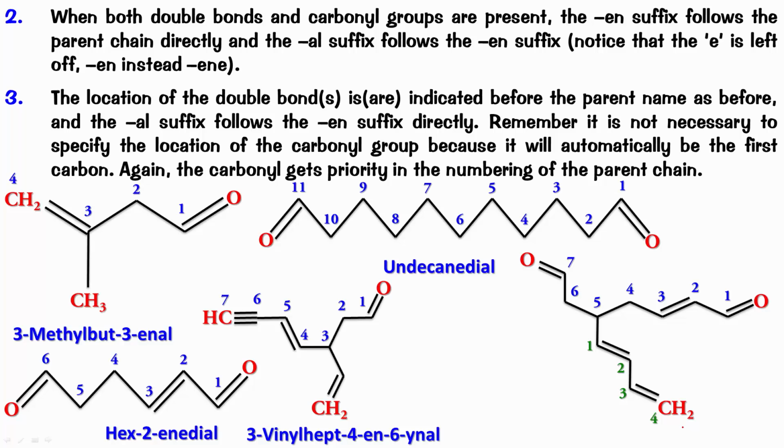So what is the substituent called? The substituent is called buta-1,3-dienyl. And this is in position 5. And what is the parent called? The parent is called hept-2-enedial. So this is going to look like this.